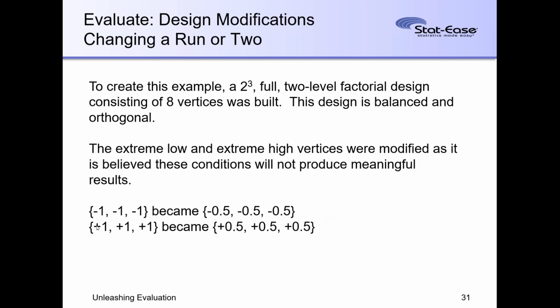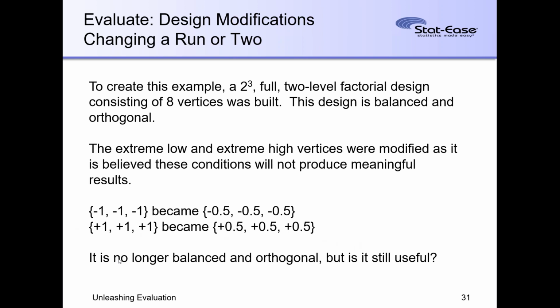And for the high vertex, all high, I made it a little less extreme in a similar manner. It's now no longer balanced and orthogonal, so the question is, is it still useful?